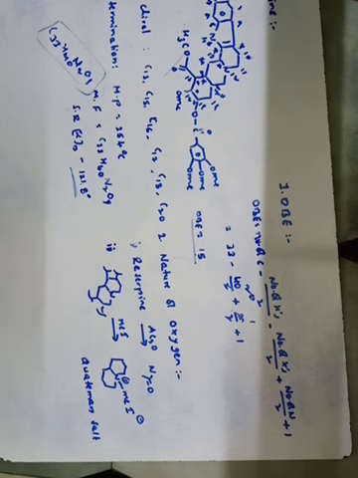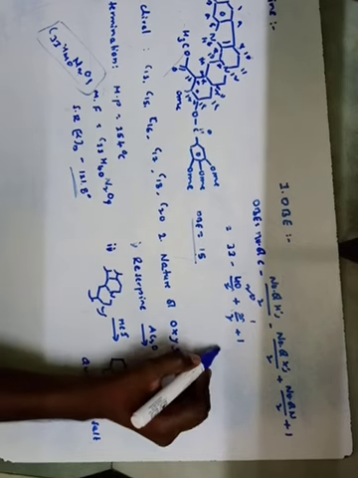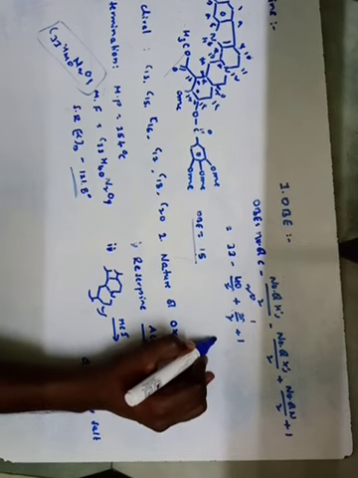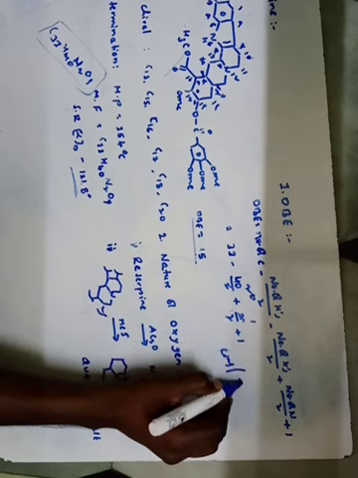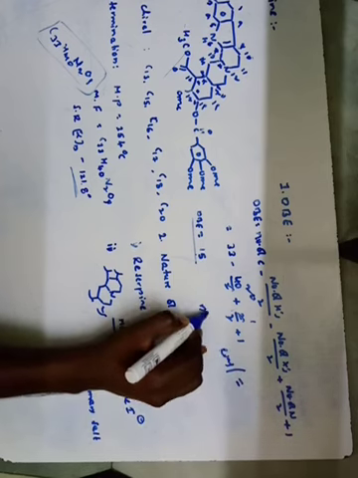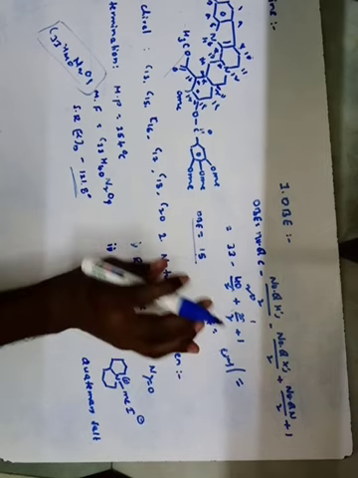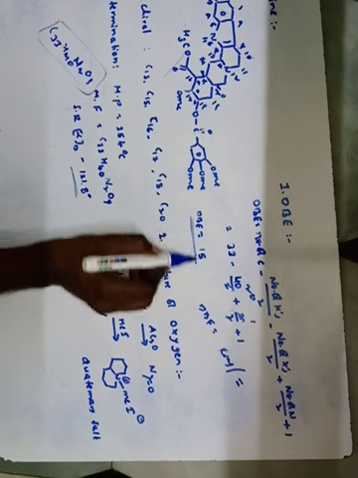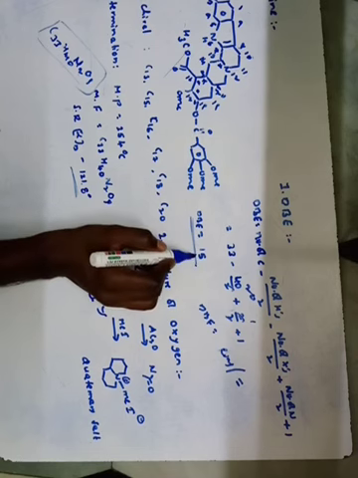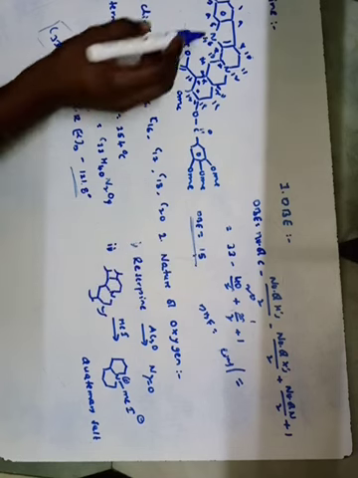Double bond equivalence means it may be a ring or a double bond. We get 15, so let's see how many are there.